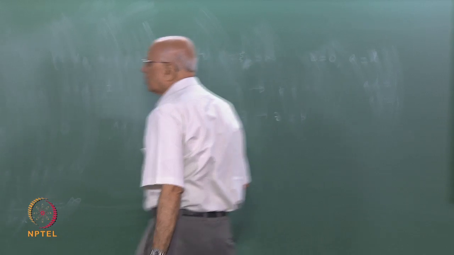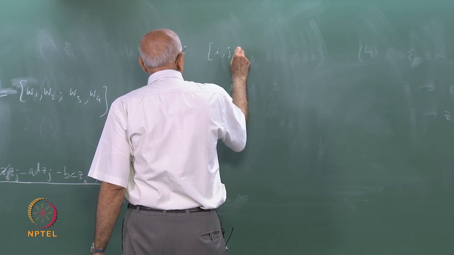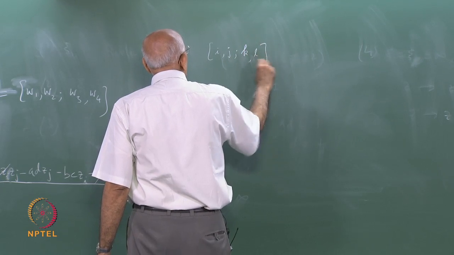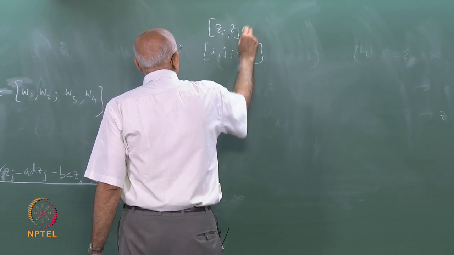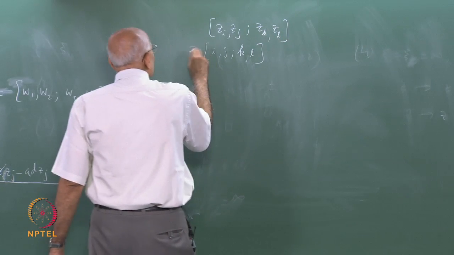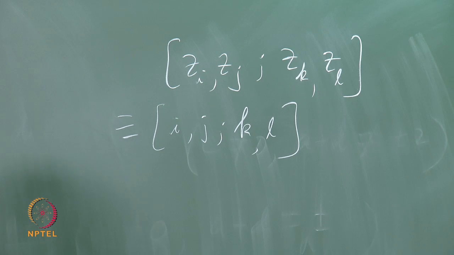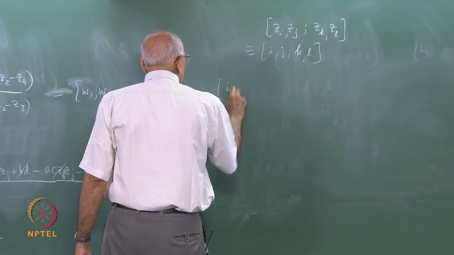Let me just for shorthand write it as (ijkl), where this stands for the cross ratio of Zi, Zj, Zk, Zl.